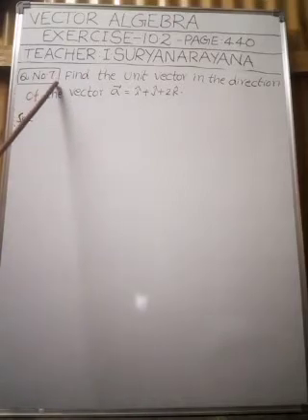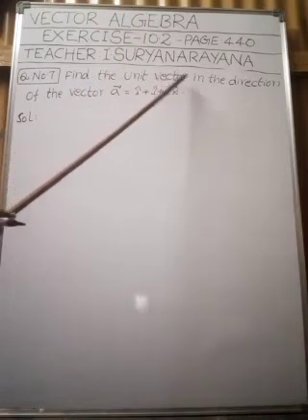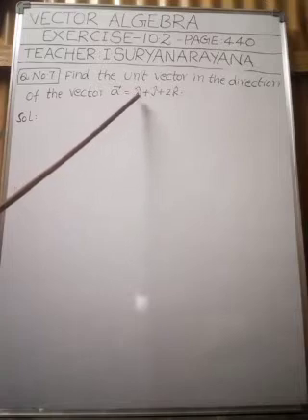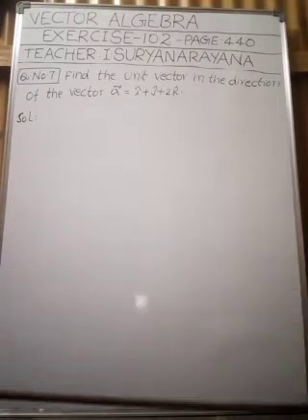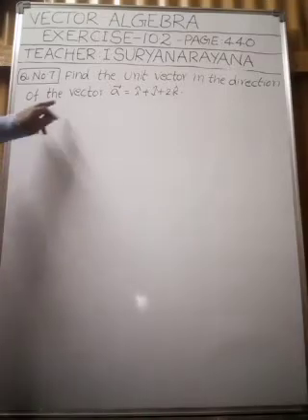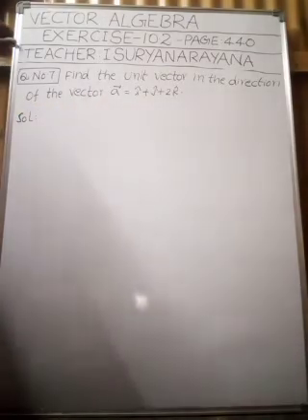Question number 7 in the exercise. Find the unit vector in the direction of the vector a bar equal to i cap plus j cap plus 2k cap. Okay, my children. Understood this question? Yes, we have to find the unit vector in the direction of the vector a bar. Right. Come to the solution part.